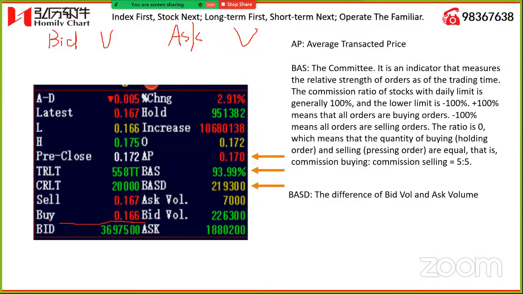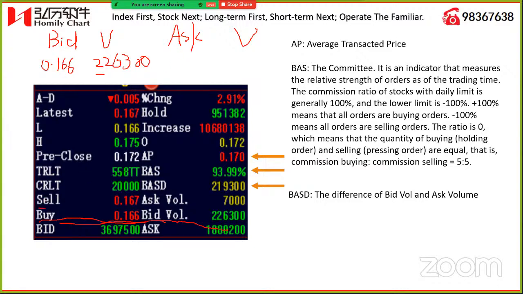The buyer is bidding to buy at 0.166, and there are 226,300 shares waiting to be bought. These are not transacted yet, they are waiting to be transacted.